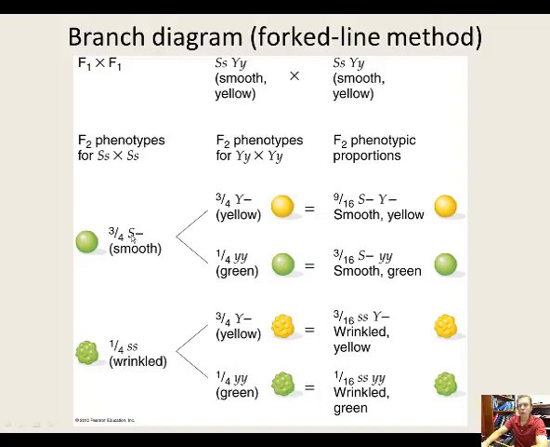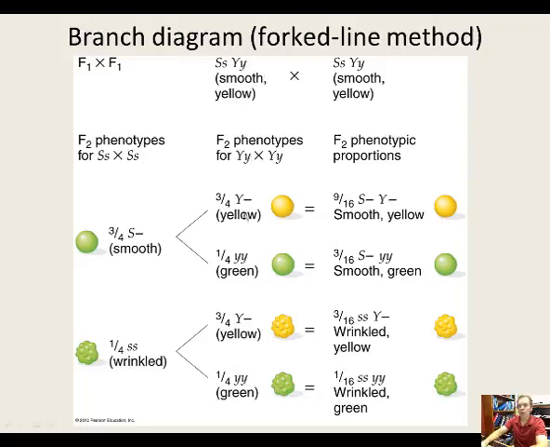We denote the smooth genotype as big S with a dash, and the reason for that is that the dash indicates that the smooth could be true breeding, big S big S, or they could be heterozygous, big S little s. It doesn't matter for this forked line method. However, the genotype for the wrinkled seeds is absolutely known. It's little s little s. That's the only genotype that can produce that phenotype.